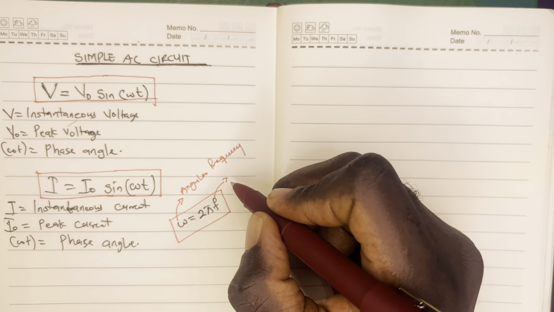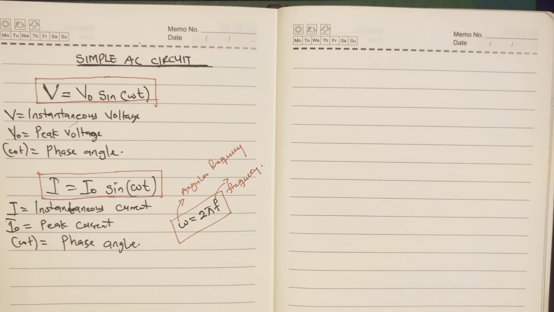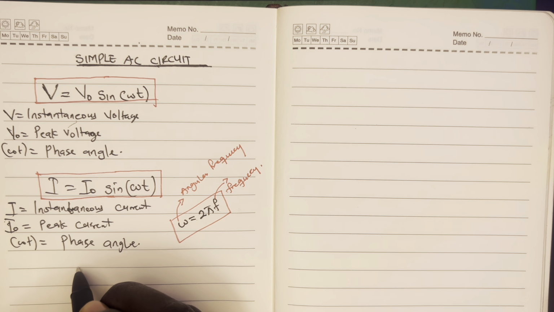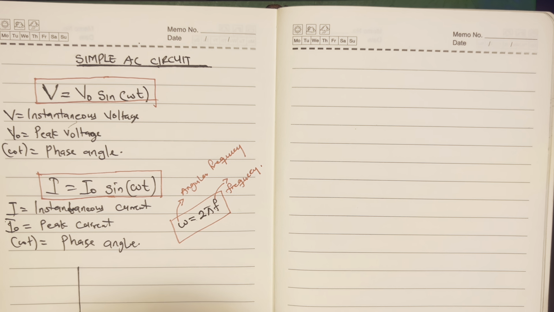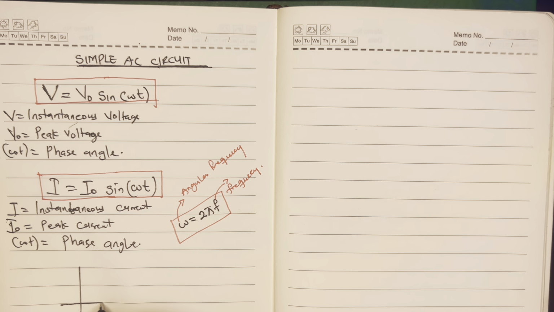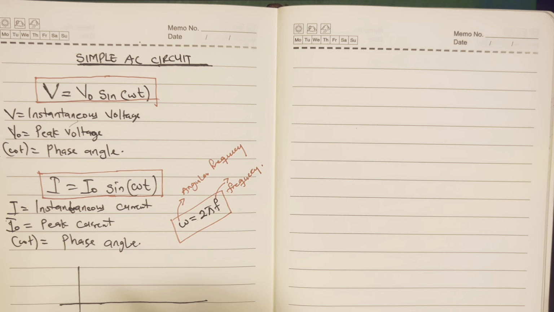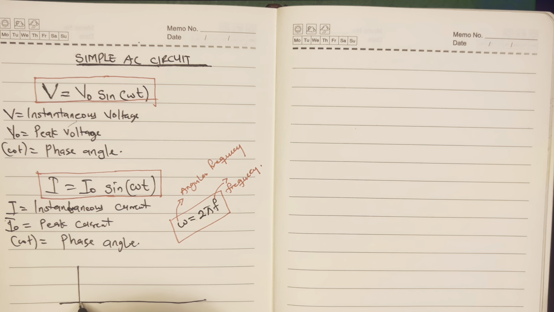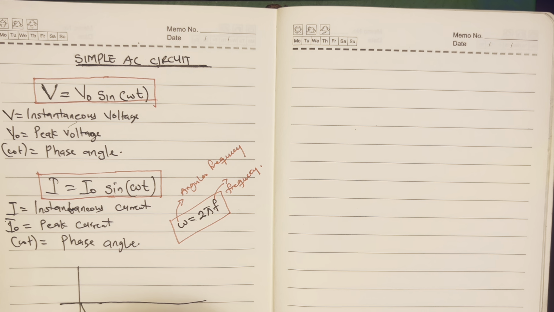Another thing to pay attention to is the schematic diagram or illustration of how voltage and current change with time. Let's see how voltage changes with time and how the graph looks. Let's say this is the wave diagram. I am sure you still remember all this.